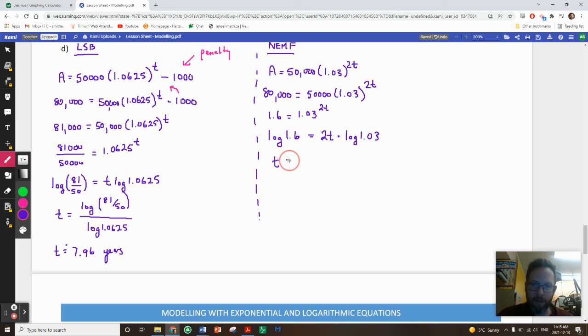And I can solve for t. I get the log of 1.6 divided by 2 times the log of 1.03. We're expecting close to 8 years. Yeah, I got 7.95.